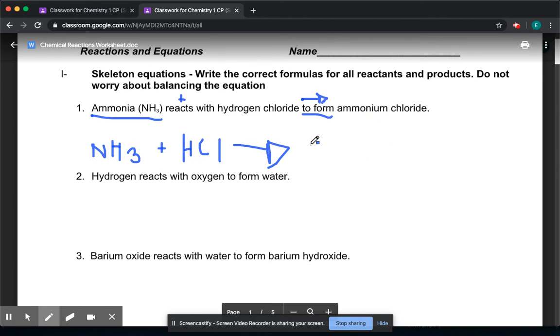Perfectly fine. So ammonium chloride would be NH4Cl, if I remember correctly. Okay, that's number 1, sentence form to equation form.